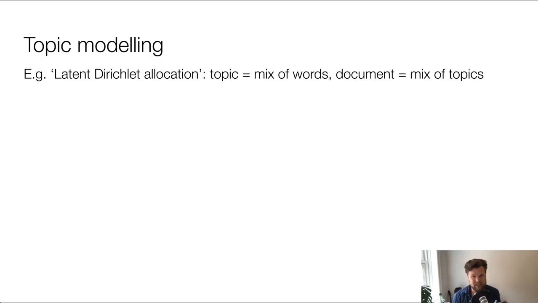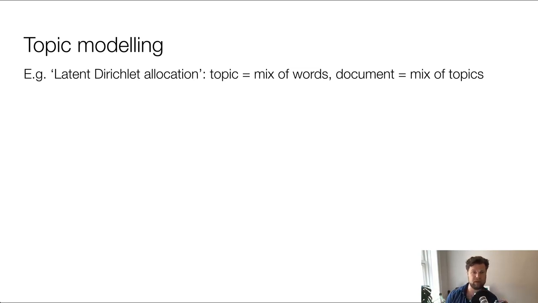Getting fancier still, we could get our computer to run some sort of smart algorithm for doing automated topic modeling. A common algorithm for that is called latent Dirichlet allocation, or simply LDA, which assumes that you can think about topics as a mix of words, and in turn you can think of a document as a mix of topics.